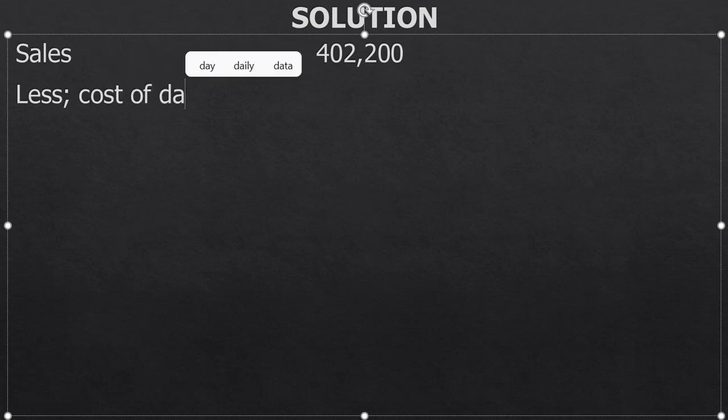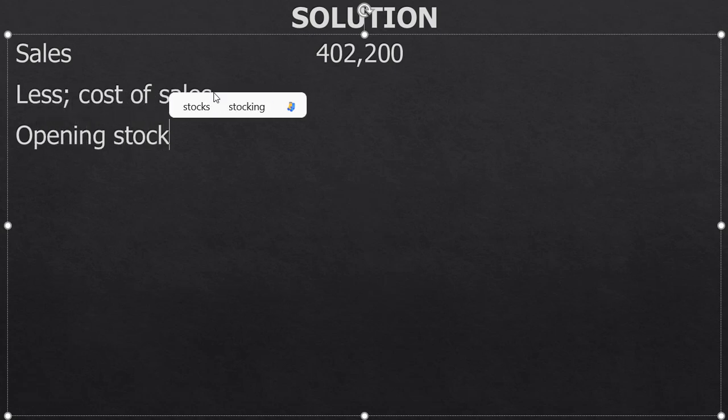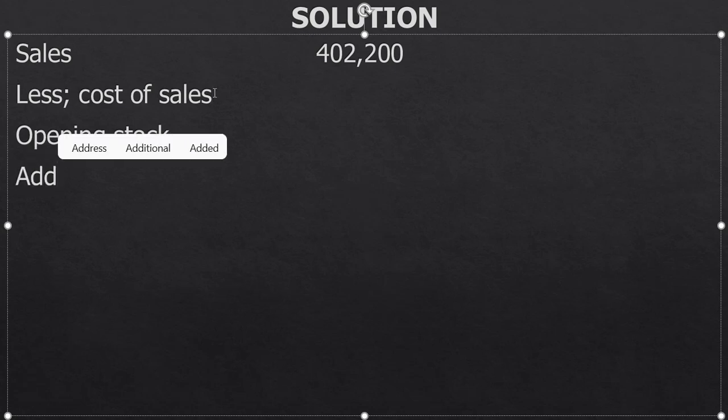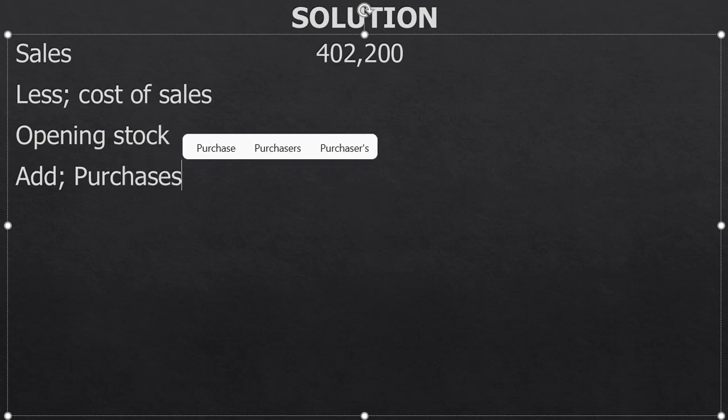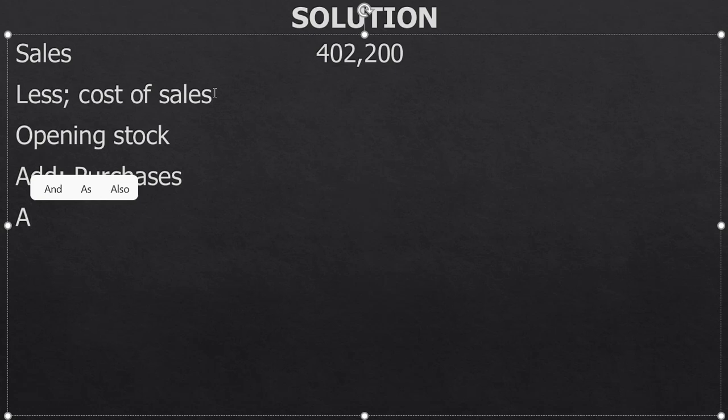For cost of sales, we said that you get the opening stock, then on that you add purchases, then you add carriage inwards. Carriage is transport.